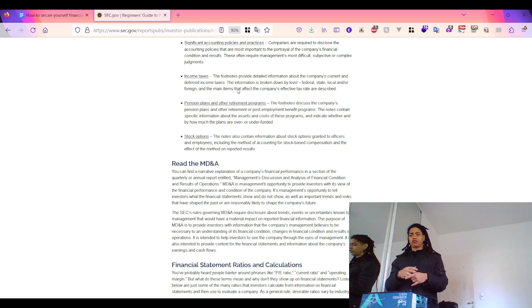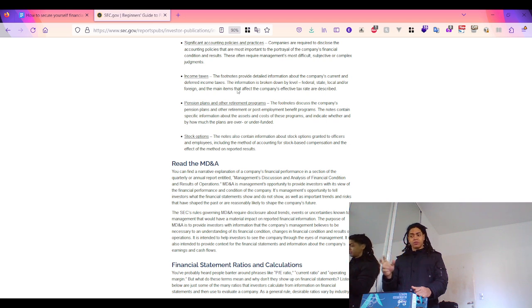The whole point of this is to provide investors more context about the financial statements from the management's eye, about important trends and risks that have shaped the path of the company, and will likely shape the company's future.